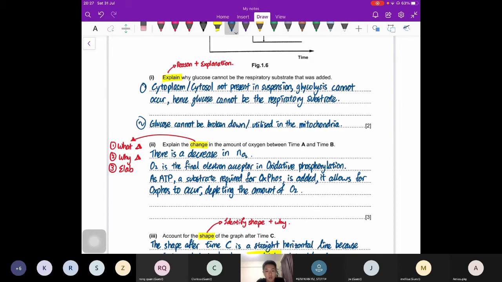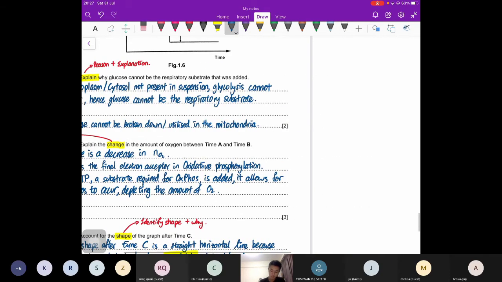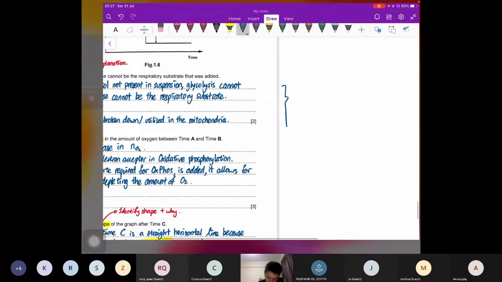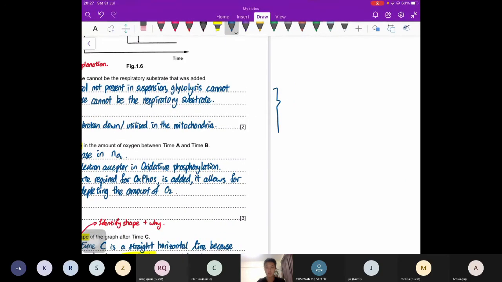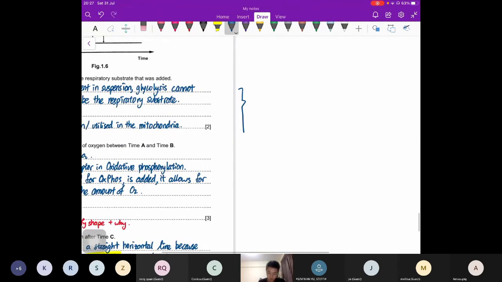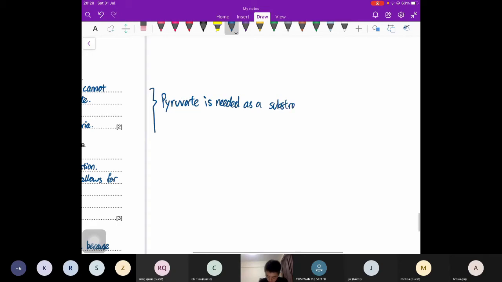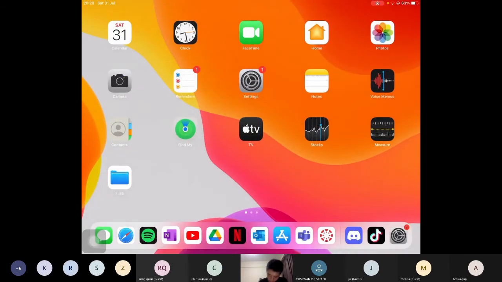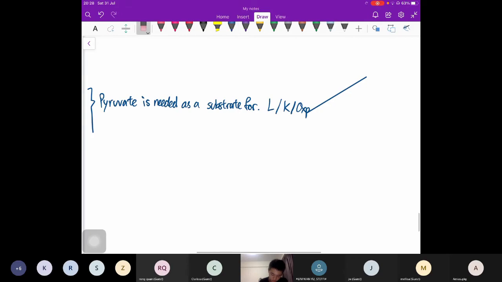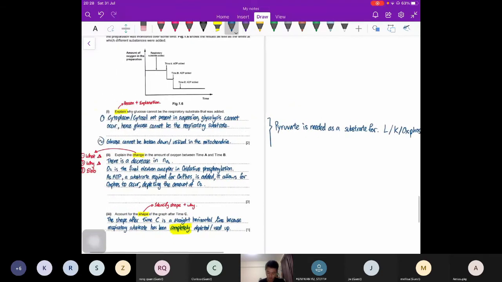Then the explanation part here is because your pyruvate is needed as a substrate for link, Krebs and OXPHOS.